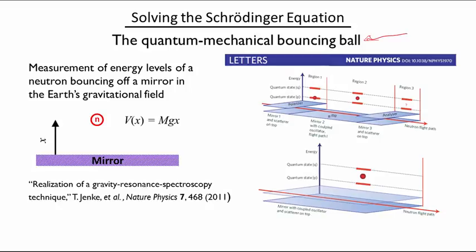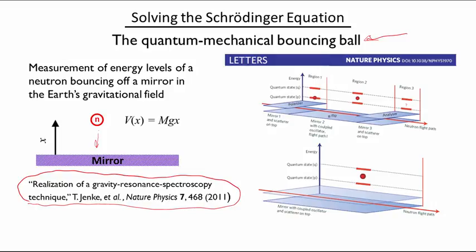Now, the bouncing ball problem is, as you'll see, important from a technical or theoretical perspective in terms of learning how to solve the Schrodinger equation, but it actually is something that has been recently realized, a remarkable experiment of the bouncing of a neutron confined in a trap and bouncing off a mirror.